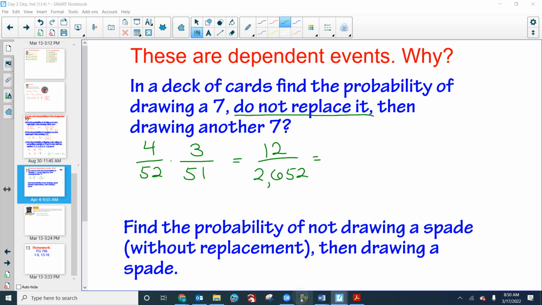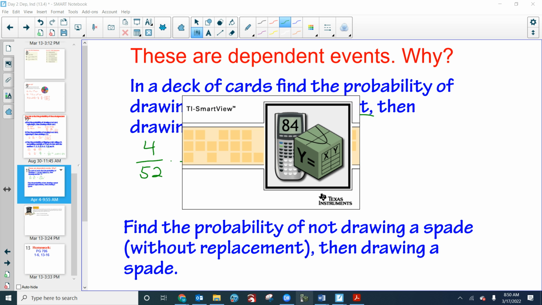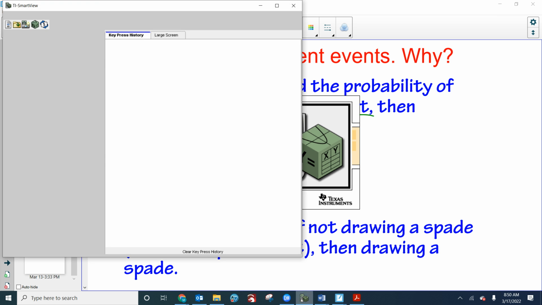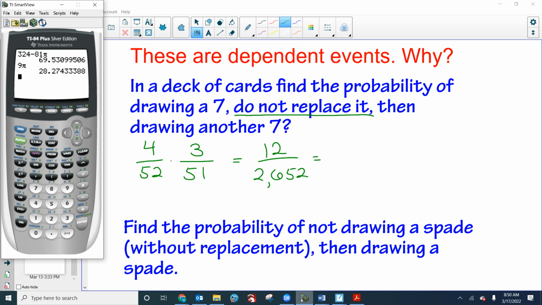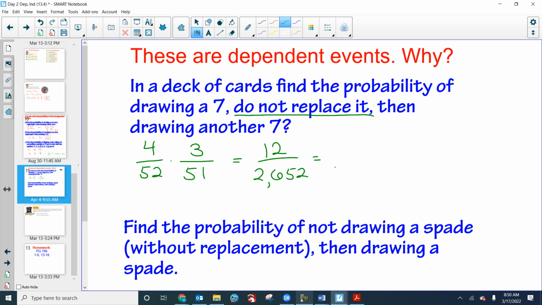All right. I'll be asking you for the decimal for days, though I don't do it myself. All right. 12 over 2,652. All right, 0.0045.